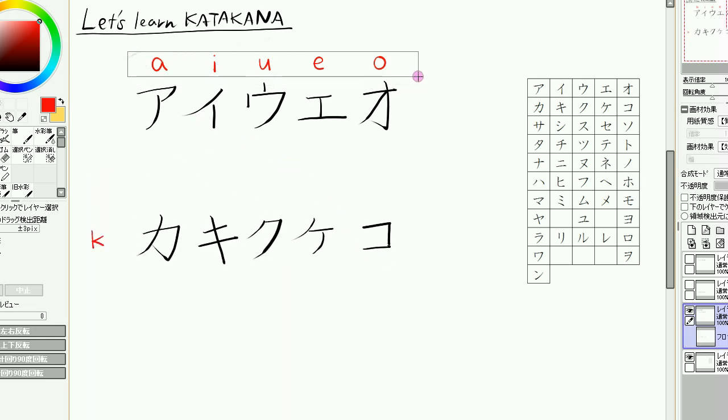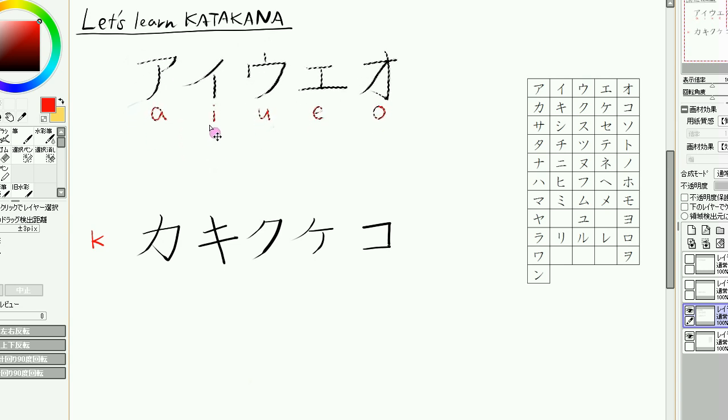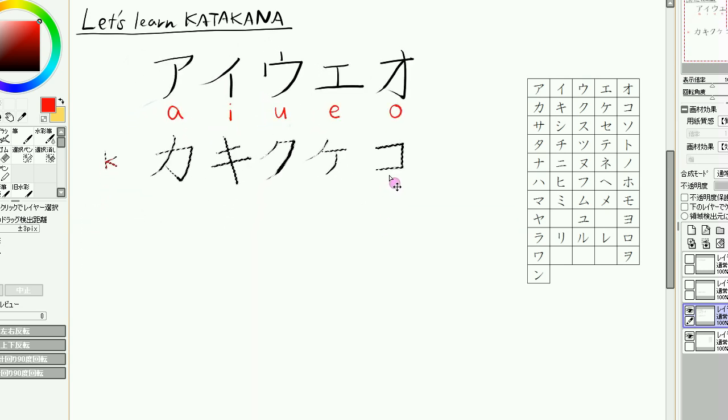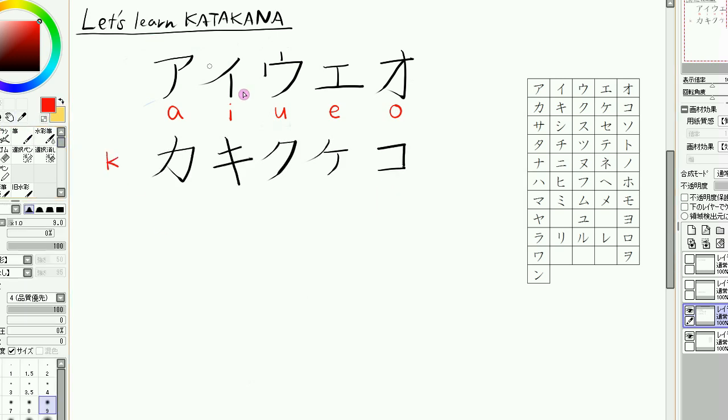Okay, I think I should put this one here. All right, so let's combine these words. That means this one is actually ka, and this one is ki, ku, ke, and ko. So it's ka, ki, ku, ke, ko.